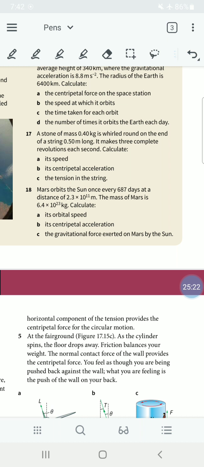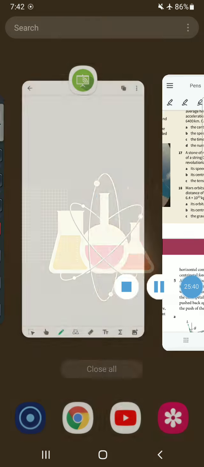We have the velocity, the speed, we just calculated that, then we have the radius. Now we need the centripetal acceleration. Then the equation that we need to use is a equals v squared upon r. Let's use that.